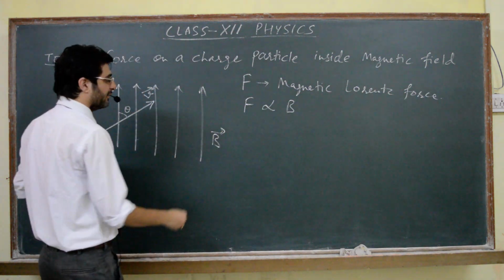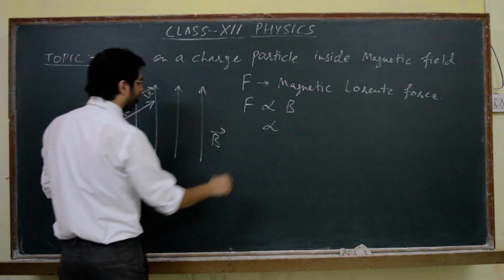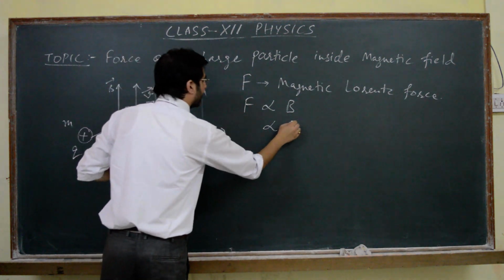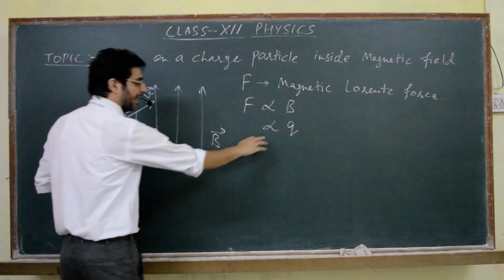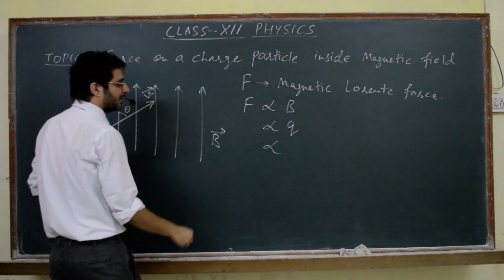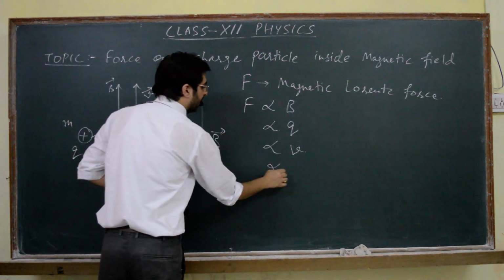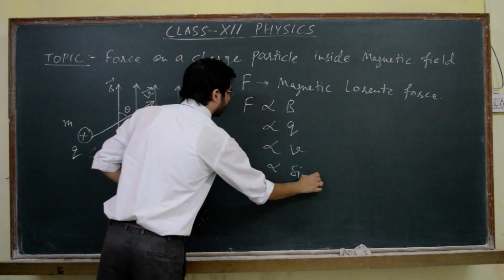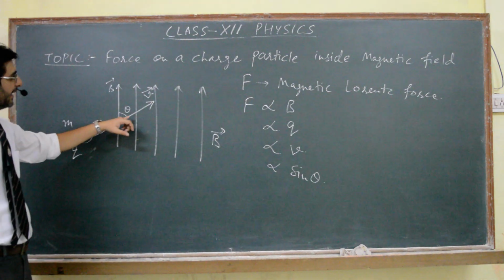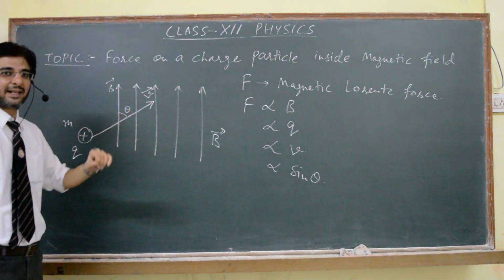The stronger the magnetic field, the more the force. It depends on the charge, directly proportional again, on the velocity, and on sine of theta, where theta is again the angle between magnetic field and velocity.